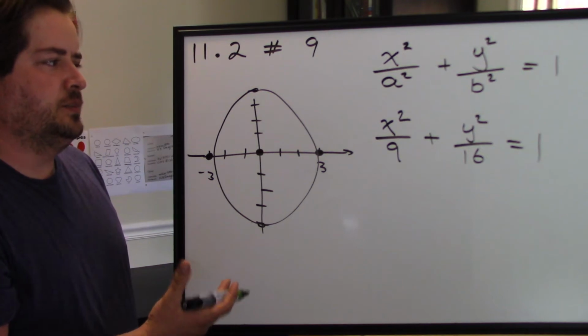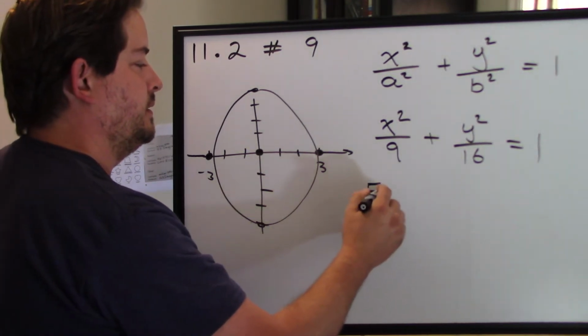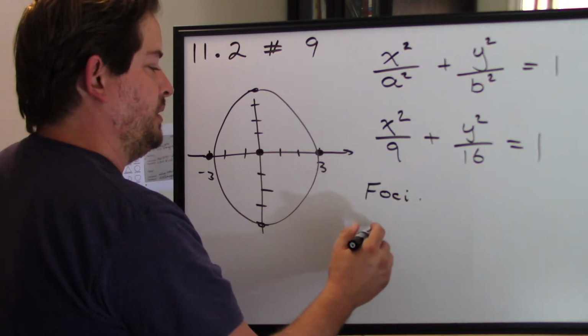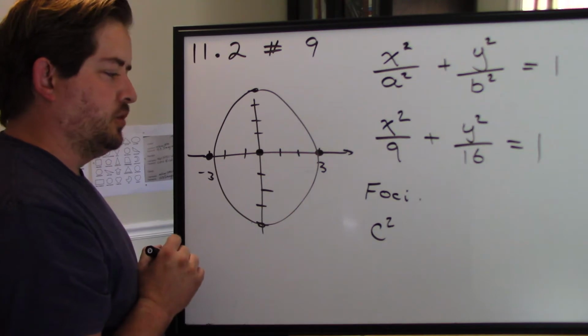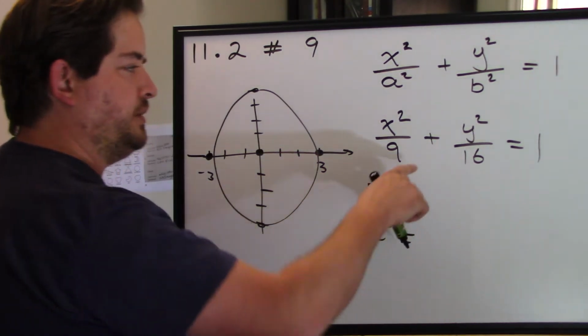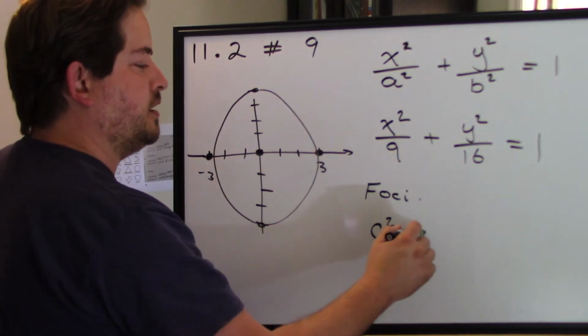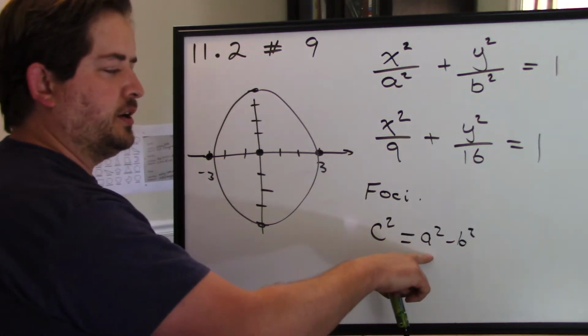And then the last little bit is that the foci happen c units away from the origin along the major axis. And c squared is always the larger of these two minus the smaller. So it's a squared minus b squared, where a is the bigger of the two.